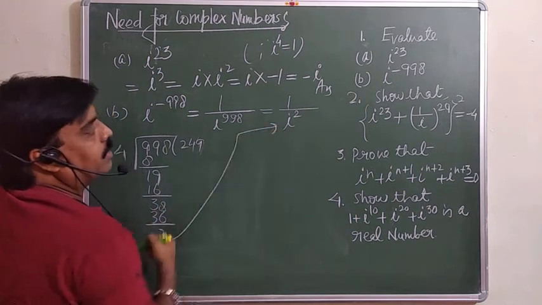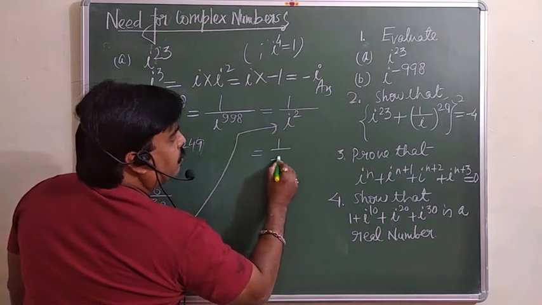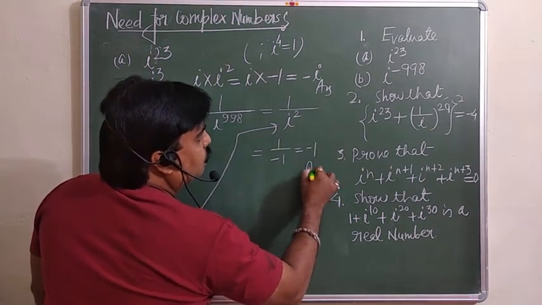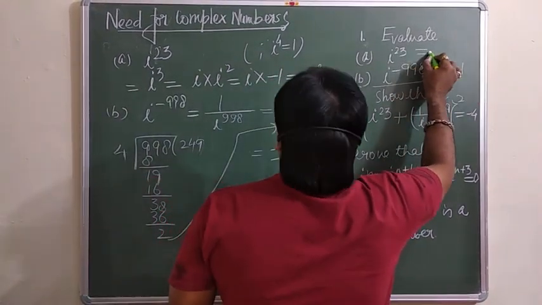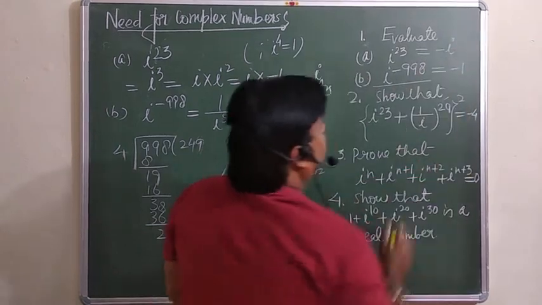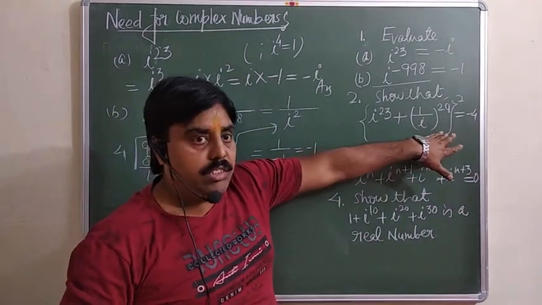You must write this remainder here. So this is equal to 1 over i square, which is 1 over -1, so this is equal to -1. So the value of this is equal to -1. Similarly, you can solve these also.